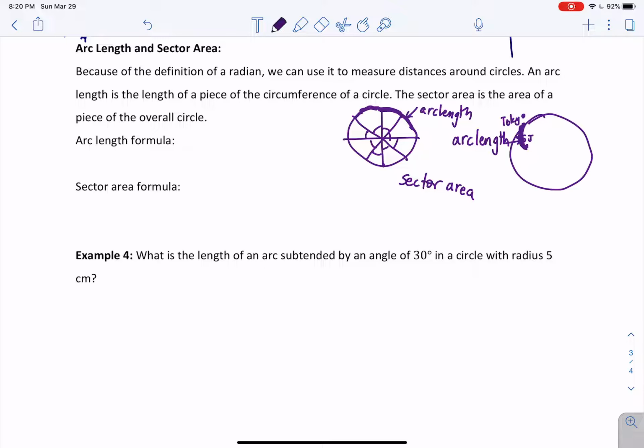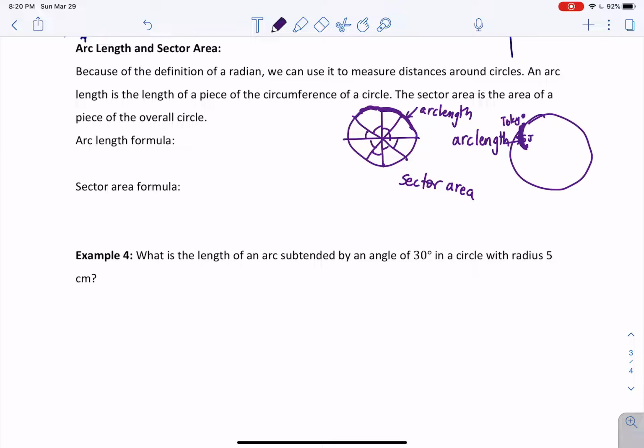Now the angle measure we have depends on the circle, right? This interdependence is radians. So we need to use radians for this. But all we have to do is use a fairly simple formula. For arc length, we get a formula that's basically a proportion based on the angle and the radius.